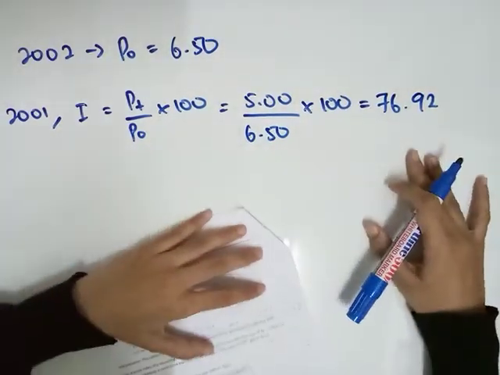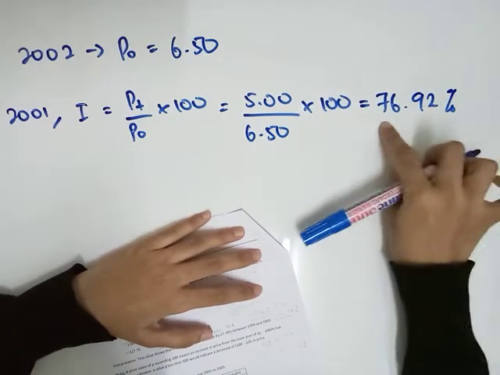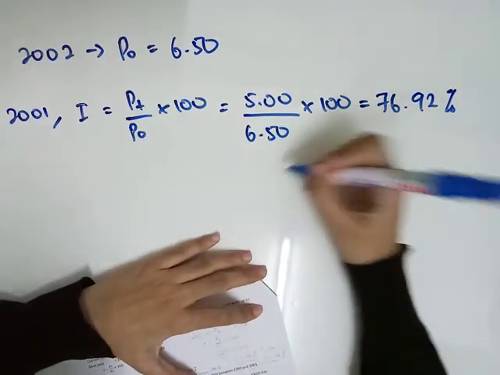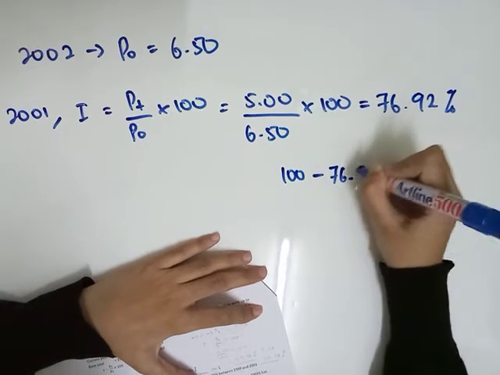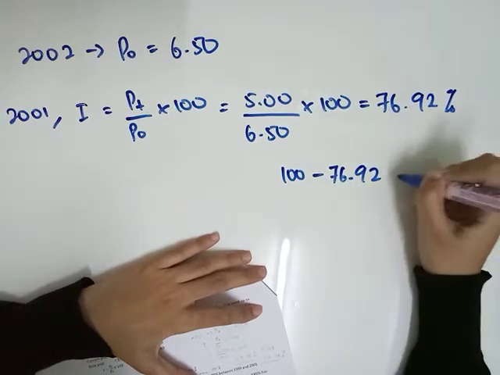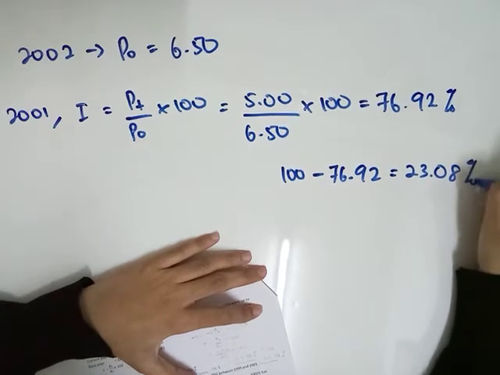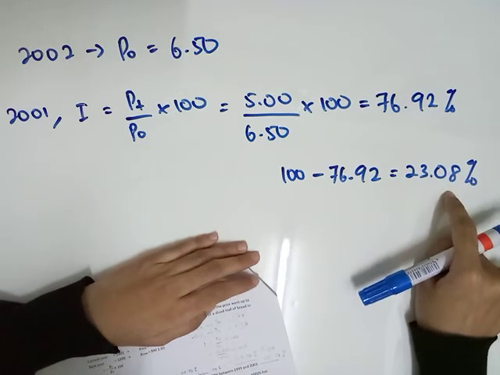Okay, 76.92. So this value, okay, how do you want to identify how many percent decrease? So we need to calculate 100 minus with 76.92. Then you will get 23.08%. Okay, so 23.08% it is decrease.